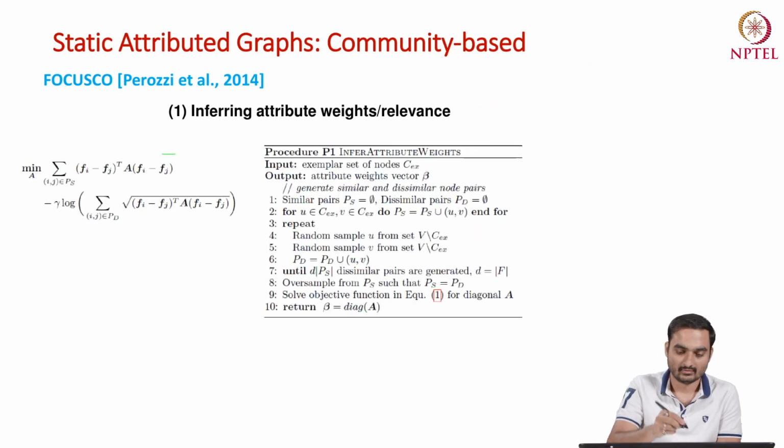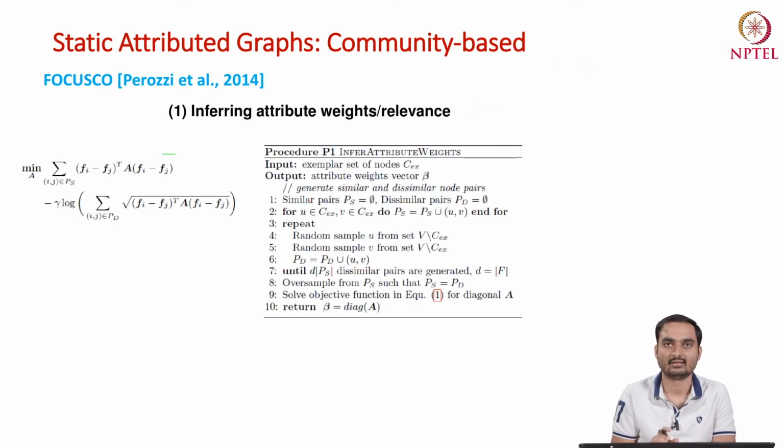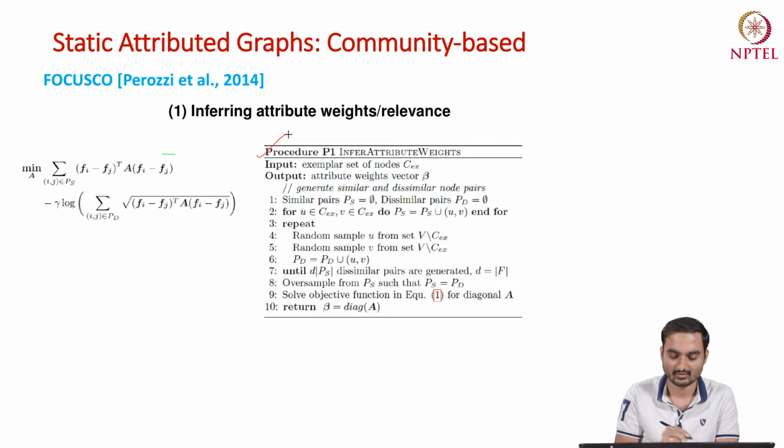All right. So, the first task is to infer attribute weights, and how do we do that? This is the algorithm that they proposed. As an input we have the set of exemplar nodes C_EX, and we want to derive beta. Now, we define two sets.